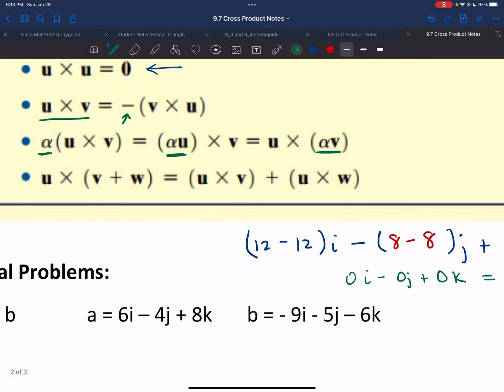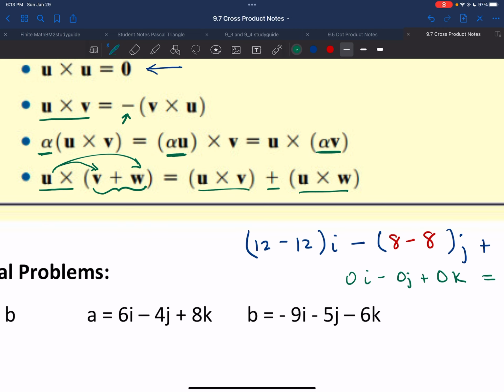And then when we look at something that we're going to cross with the addition of vectors, we can distribute that cross product. So that'll be u cross v, that is distributed, plus u cross w.